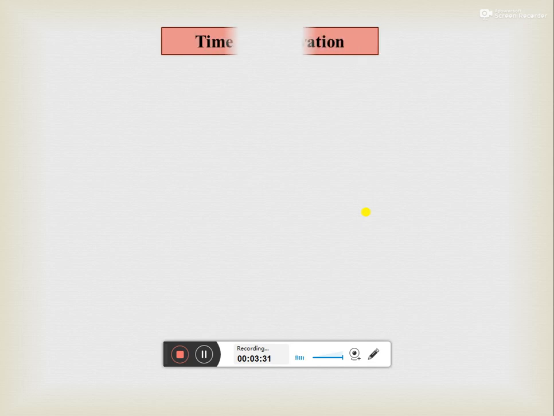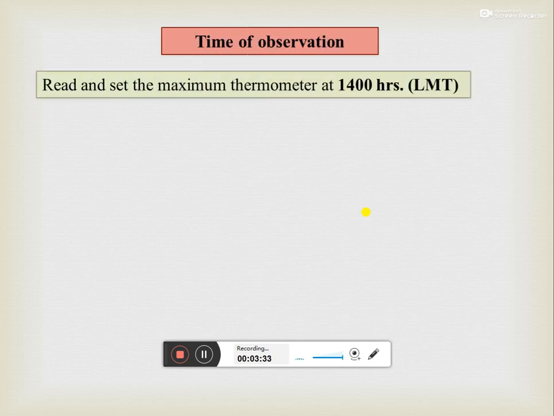Then the next point is time of observation. At the time of setting the thermometer, the bulb is tilted upward, and this is sufficient to make the index move slowly down towards the meniscus, or you can also use a bar magnet to pull the index to the particular temperature. After the setting, as said earlier for the maximum thermometer, setting should be done according to the dry bulb thermometer.